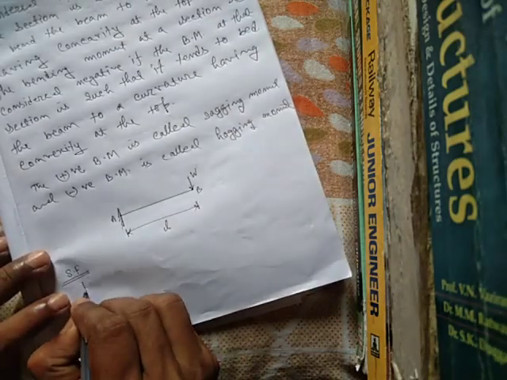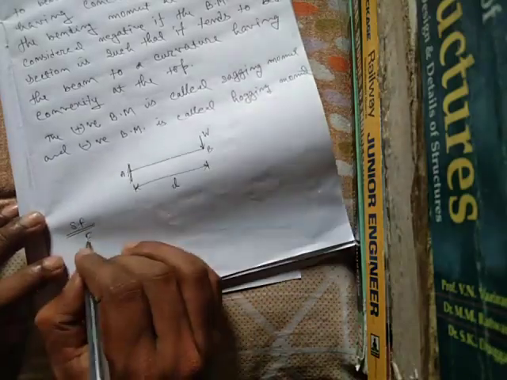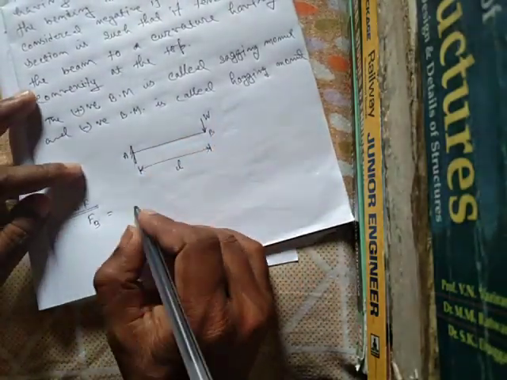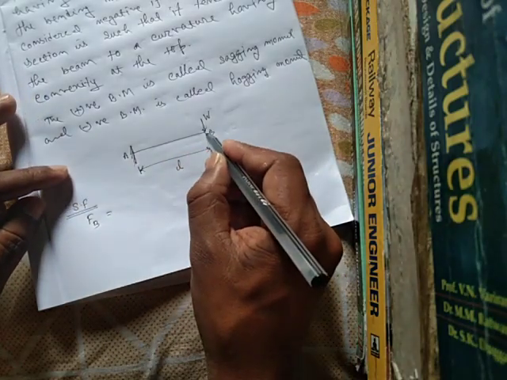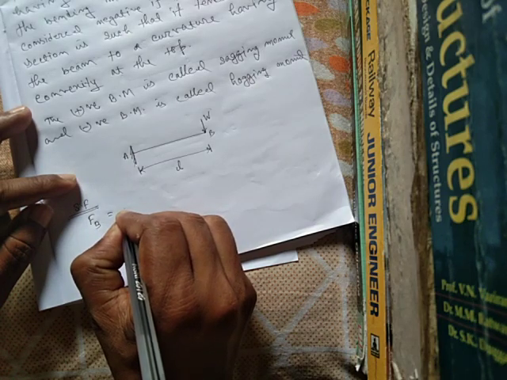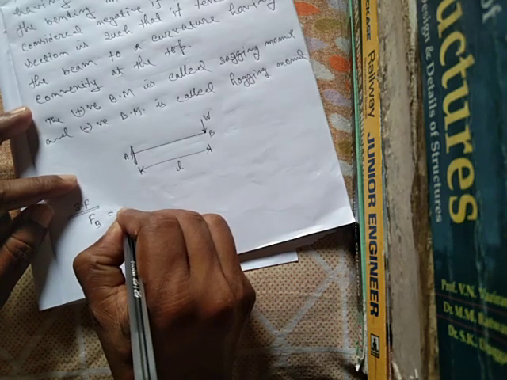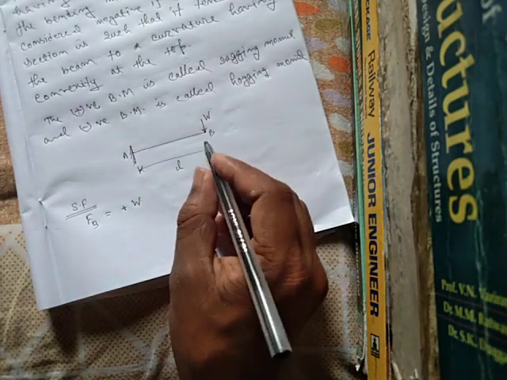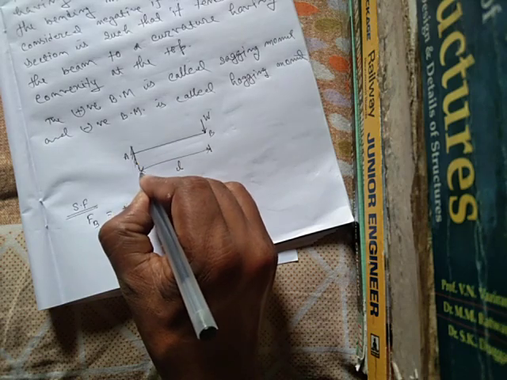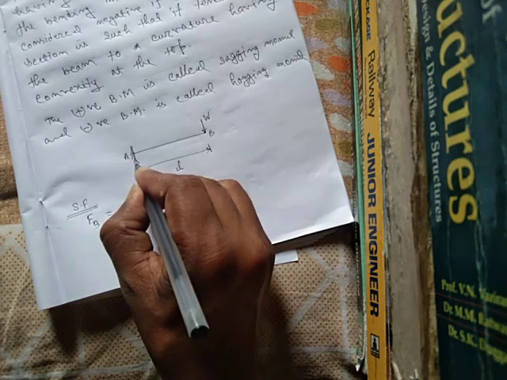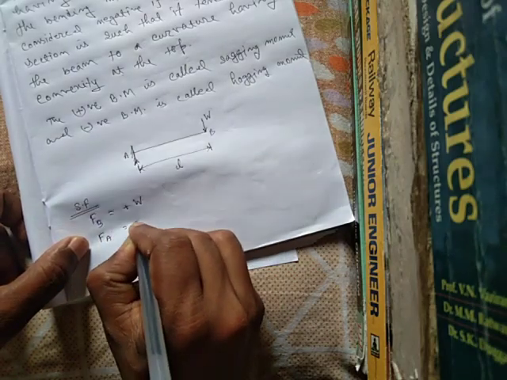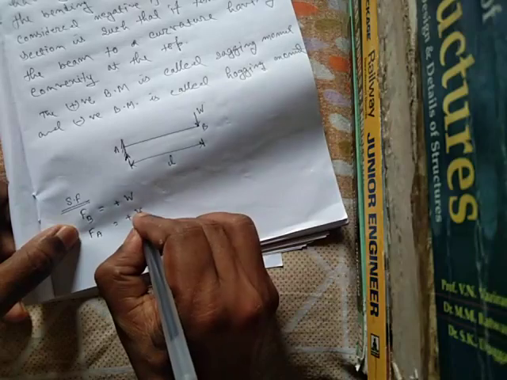Shear force at point B, say FB, is in downward direction. That means positive shear force, plus W. In the beam, shear force will also be positive at point A. The shear force at point A is also positive shear force W.